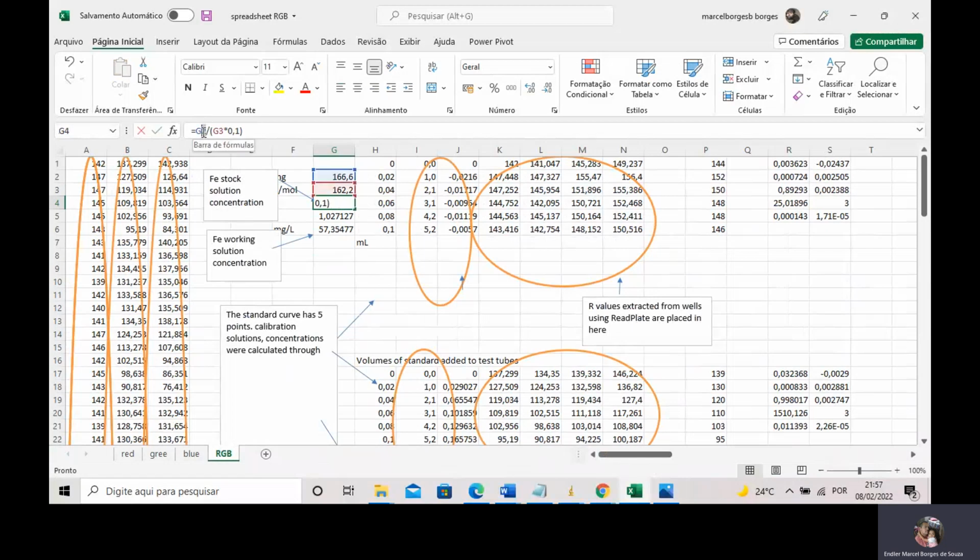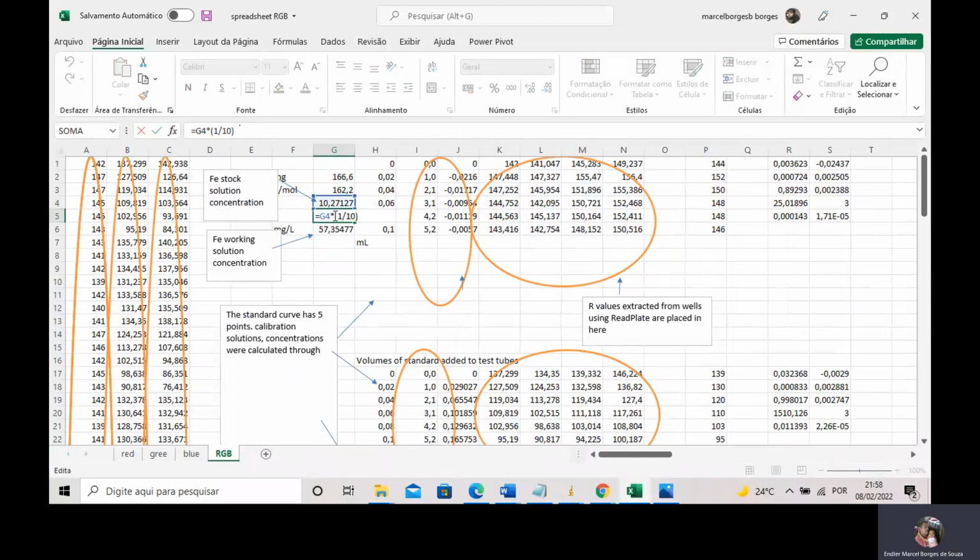Here I have the mass of my standard, the molecular weight of my standard, and the volume of the volumetric flask in which I have prepared my sample. I have prepared my sample in a 100 milliliters volumetric flask, so it was 0.1 liters. My iron standard was in milligrams, so my concentration was in millimoles per liter.